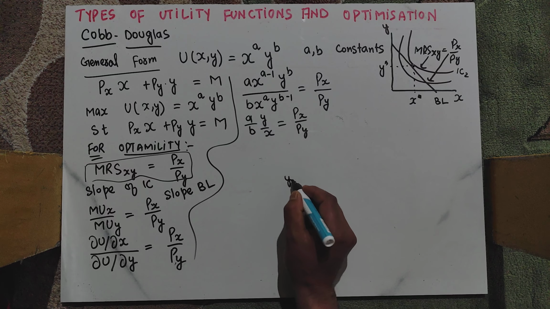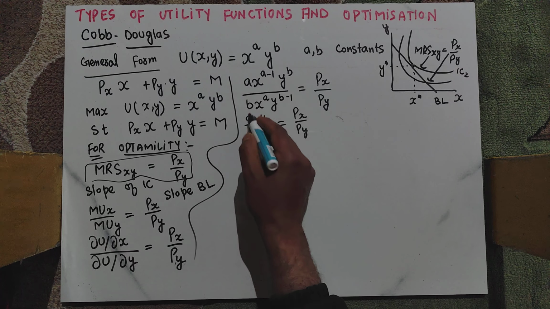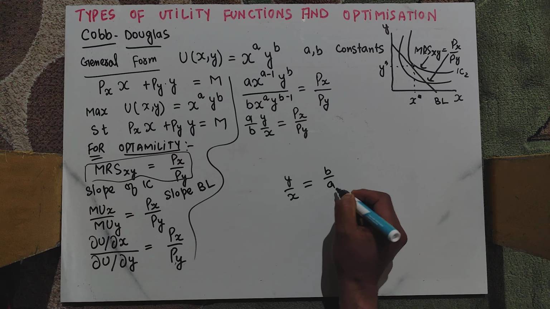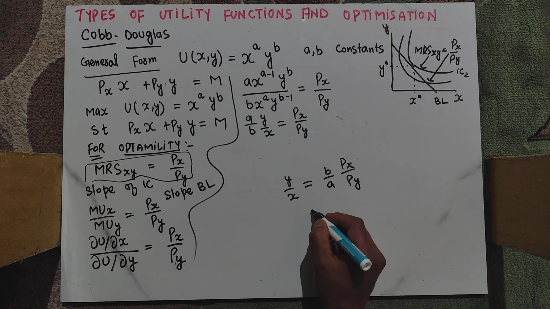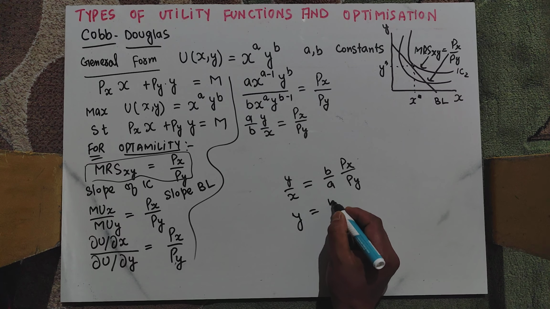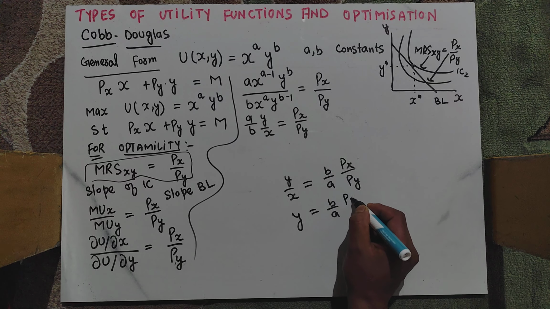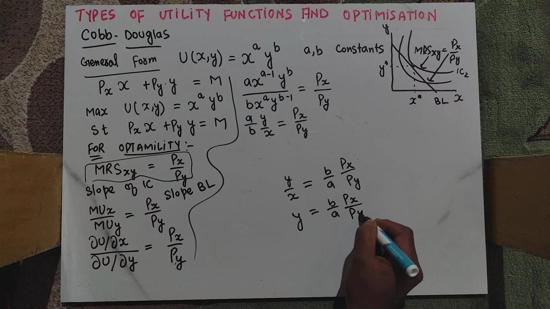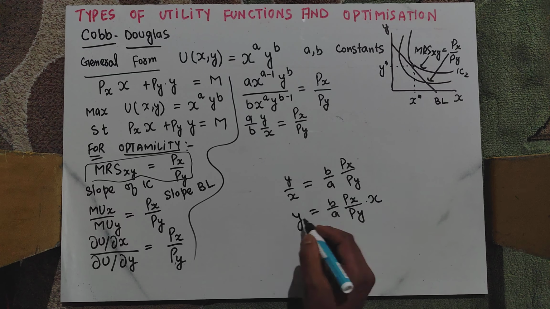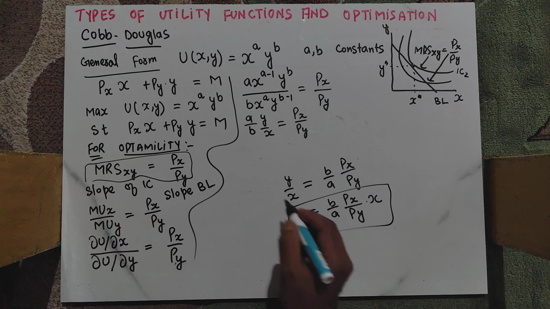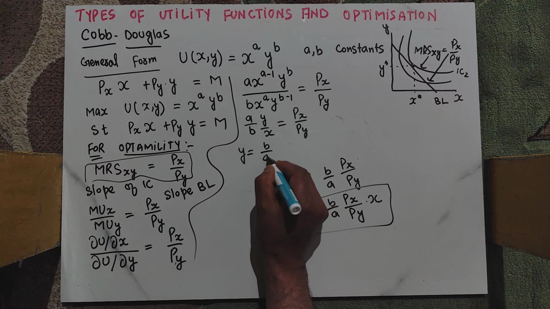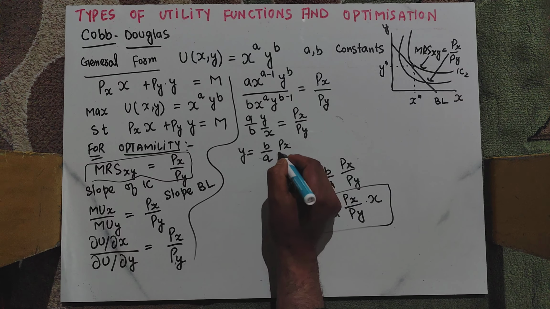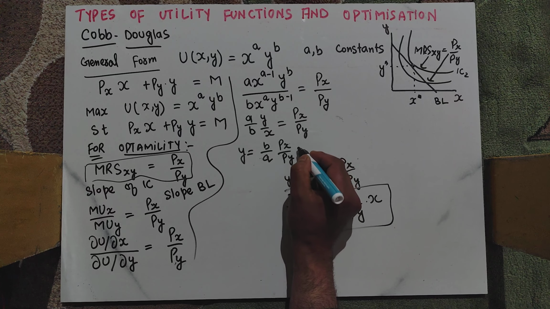We have y upon x equal to, transposing it, b upon a times px upon py. Now transpose this x, so we get y is equal to b upon a, px upon py, times x.